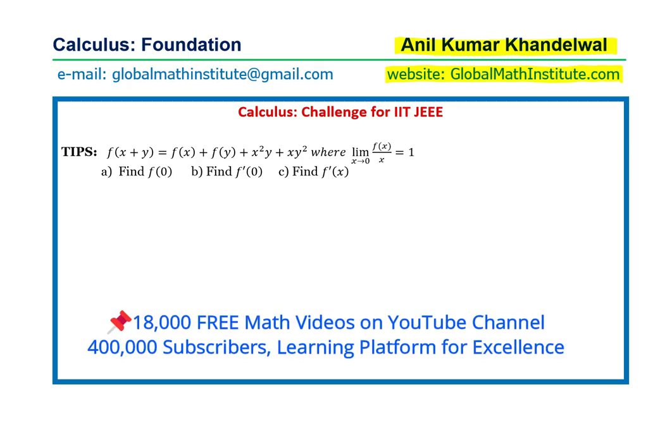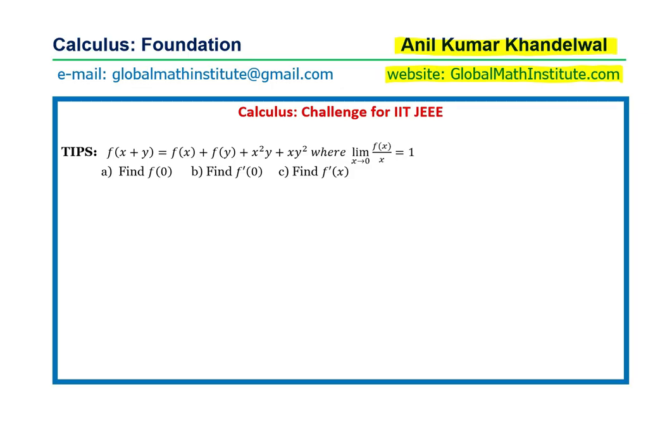It's a tips question which can help students perform much better in IITs or for AP, IB programs. The question here is f of x plus y equals f of x plus f of y plus x squared y plus xy squared, where the limit as x approaches 0 of f of x over x is 1.